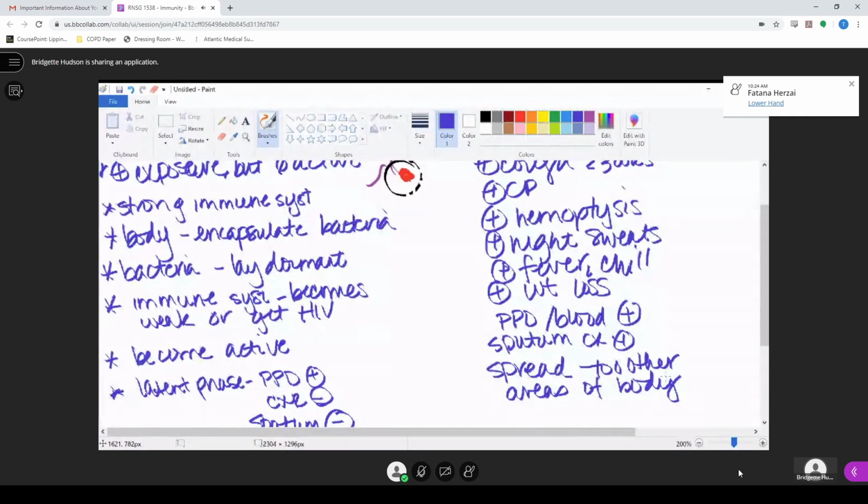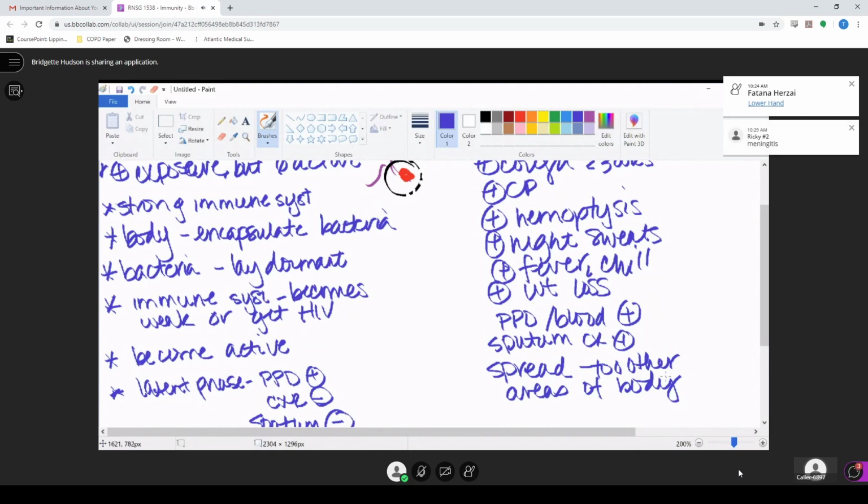The kidneys, the spine, the brain, and all those other places through the lymphatic system. That's how it travels to affect the brain, the spine, the kidneys, even the joints.